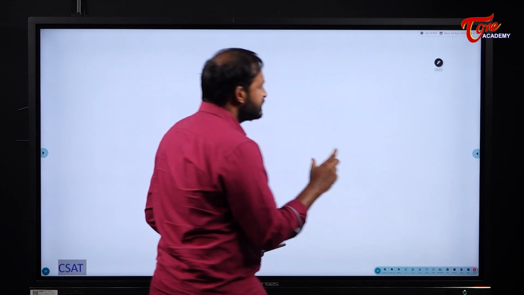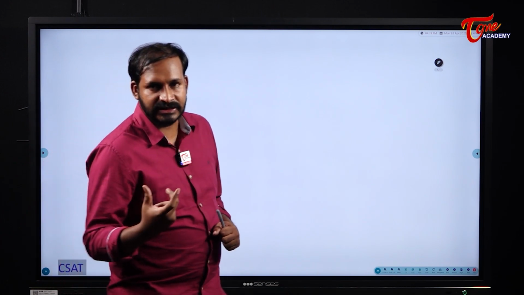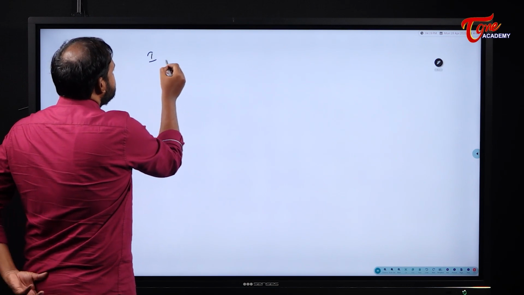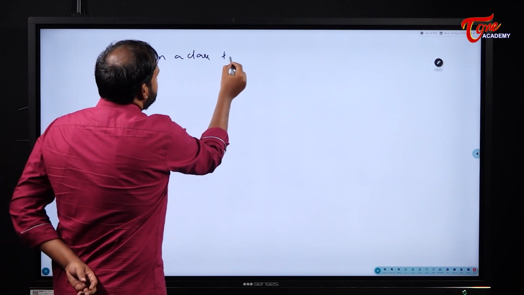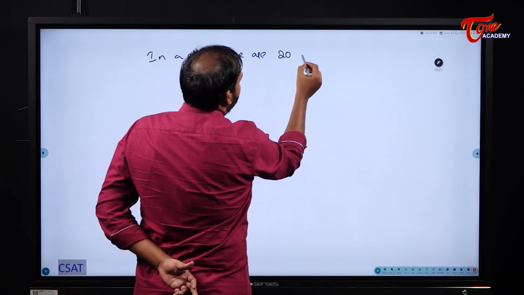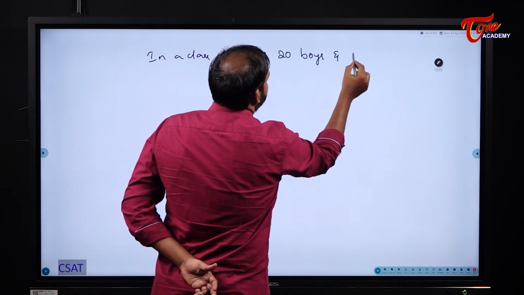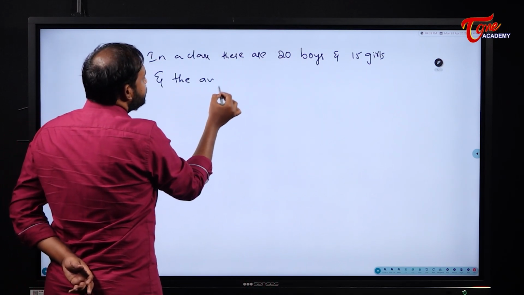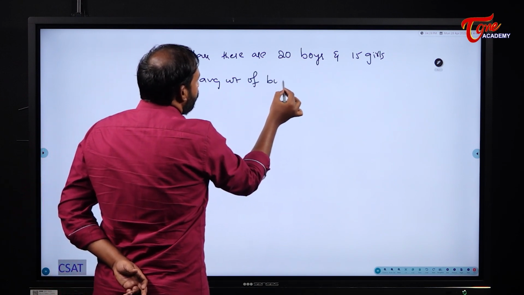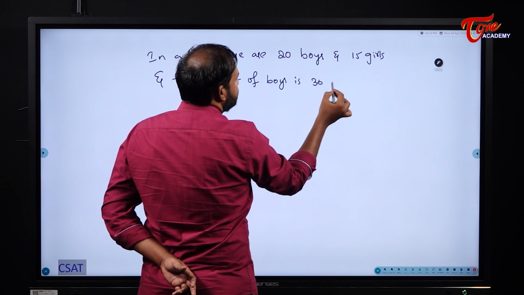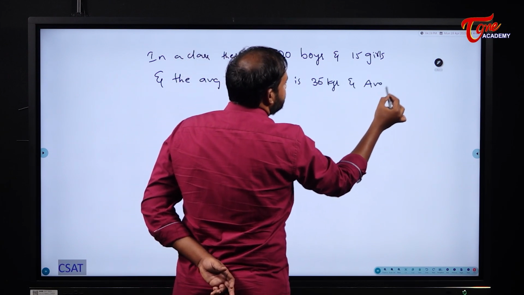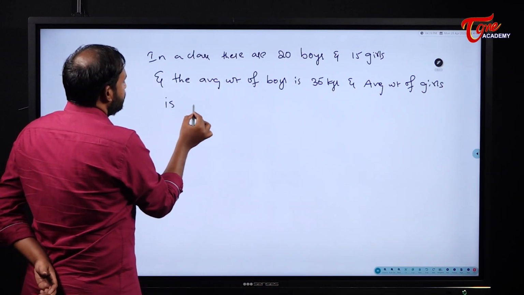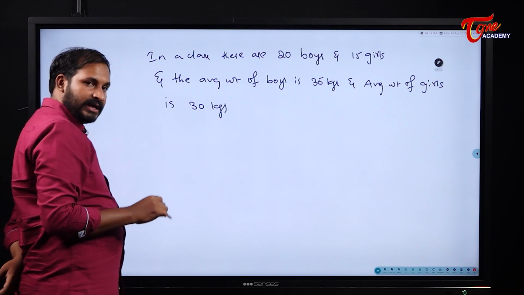Okay, good. Next, for example, this is single entries. But sometimes in our questions we will have groups of people. For example, in a class there are 20 boys and 15 girls, and the average weight of boys is 35 kgs and the average weight of girls is 30 kgs.